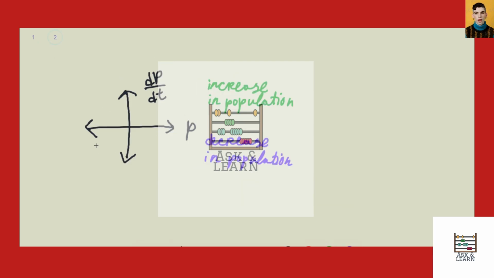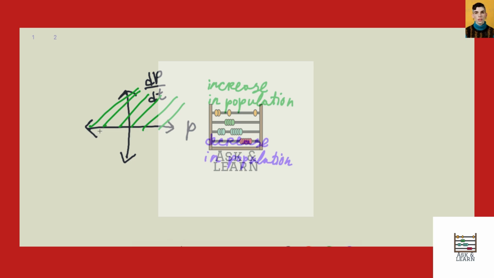So we can graph this. Instead of the x-axis, we'll have the p, and for the y, we have dp dt. And here, when the derivative is positive, it's going to be above the p-axis, which also corresponds to the increase in the population, since the derivative represents the change in population.